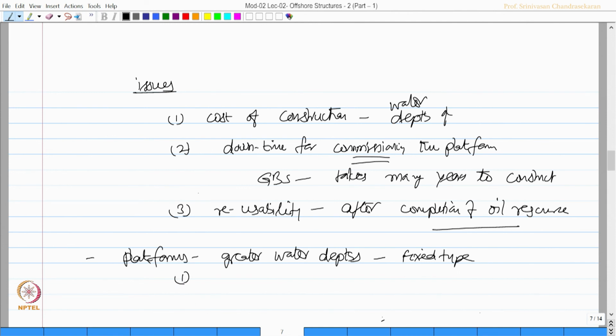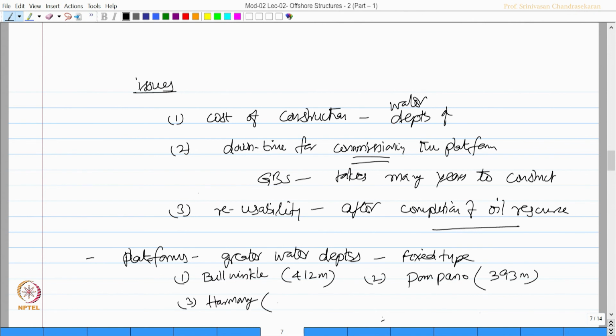One is Bullwinkle, constructed at a depth of 412 meters. Second could be Pompano, constructed at the depth of 393 meters, and third could be Harmony, constructed at the depth of 365 meters.